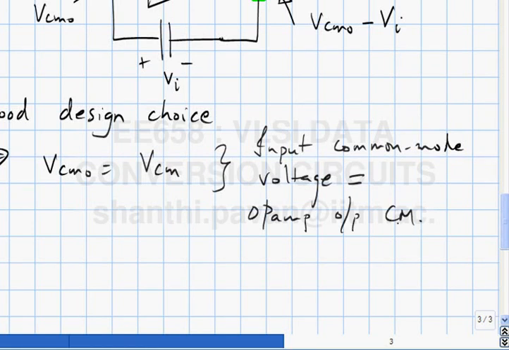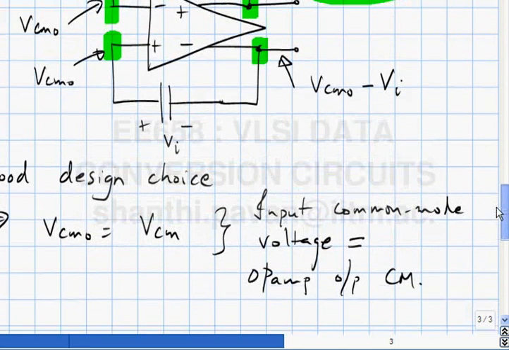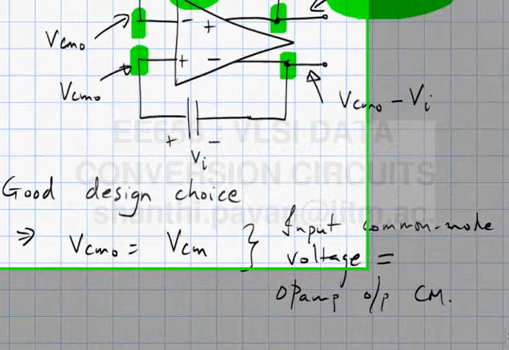It's not strictly necessary, but this is a good choice, which avoids the jump in the common mode at the input of the op amp every time you move from phi 1 to phi 2. So this, as I said, is a practically useful sample and hold.